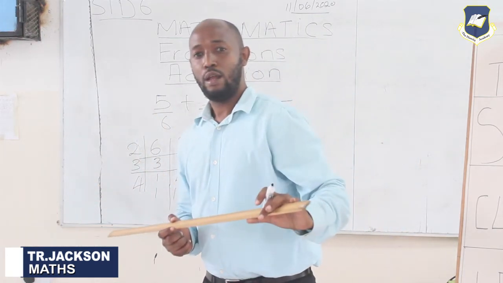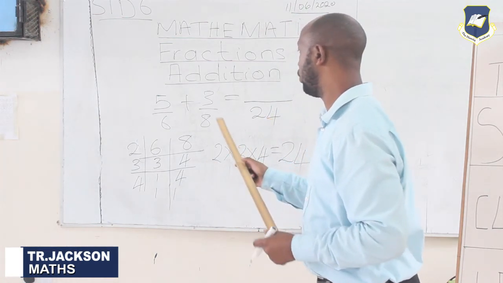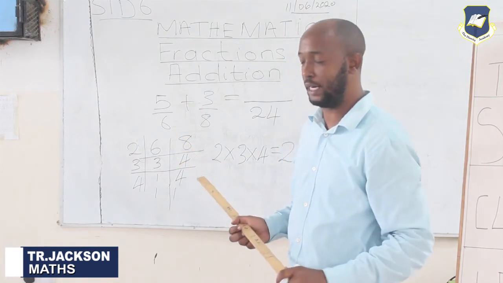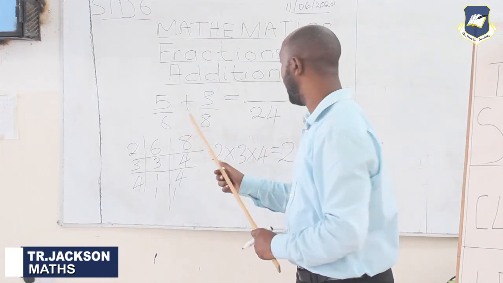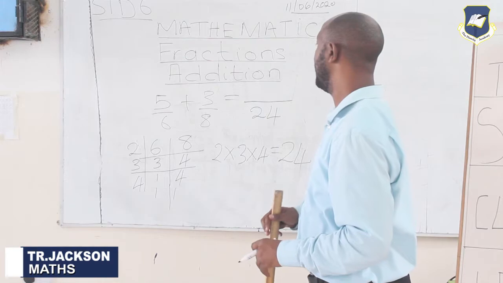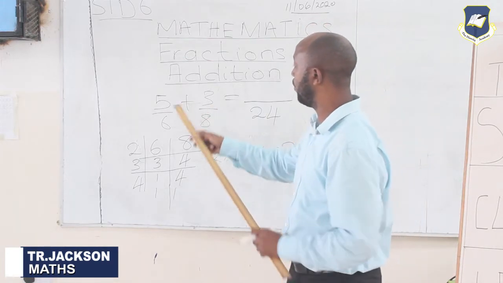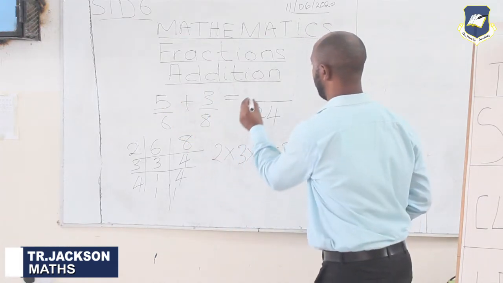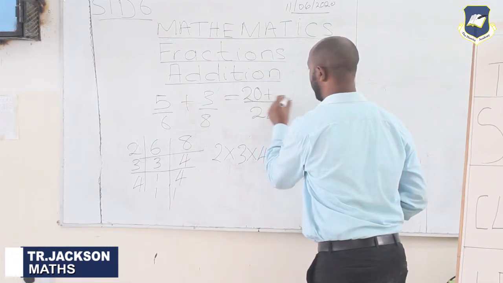That LCM, you are supposed to use it to divide the denominators, then multiply with the numerator. 24 divided by 6 is 4. 4 multiplied with the numerator, which is 5, is going to give you 20. Write 20 plus.